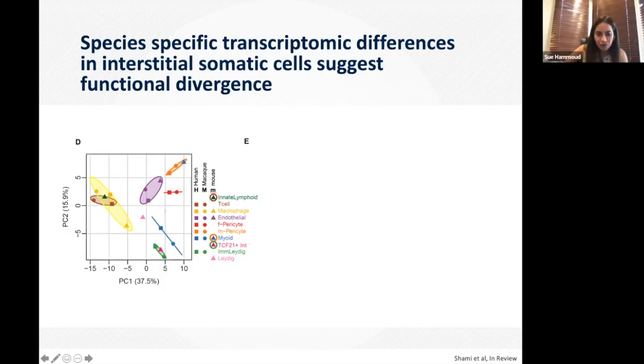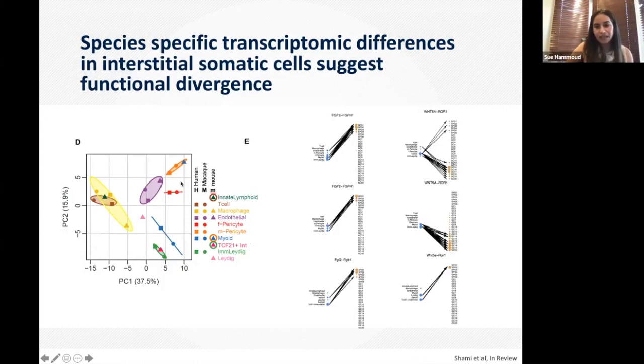For example, smooth muscle cells in the testes that line the basement membrane are more highly related in monkey, but these cells tend to cluster with a different cell type when comparing mouse and macaque to human and macaque. So when comparing the somatic compartment, there's a lot of variation within signaling, and sometimes the same exact cell types don't cluster together. Instead, they cluster with different cell types within the testes.